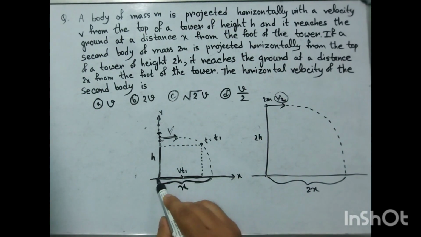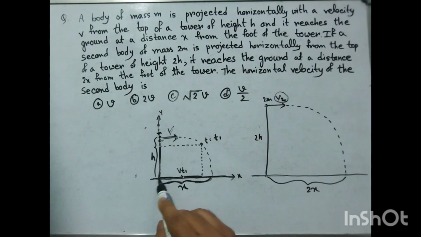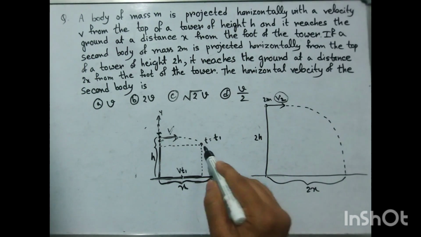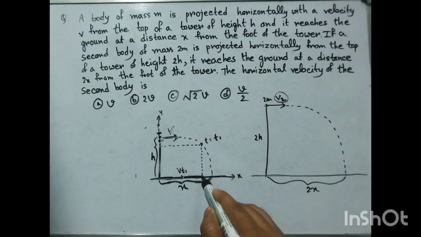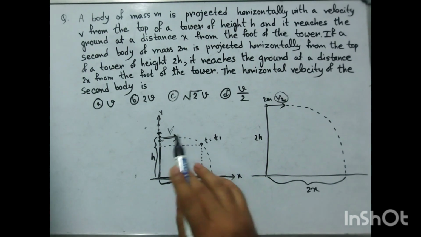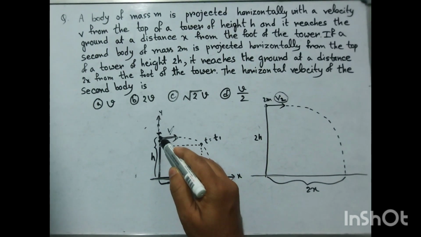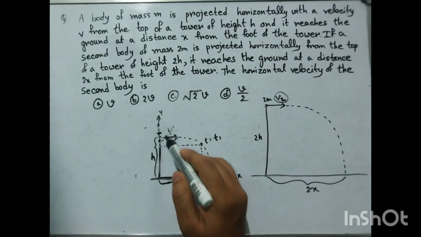This is the height of the tower. At t equal to t1 it travels vt1, it moves with constant velocity because along the x axis there is no force, and at this point it has no velocity vertically.